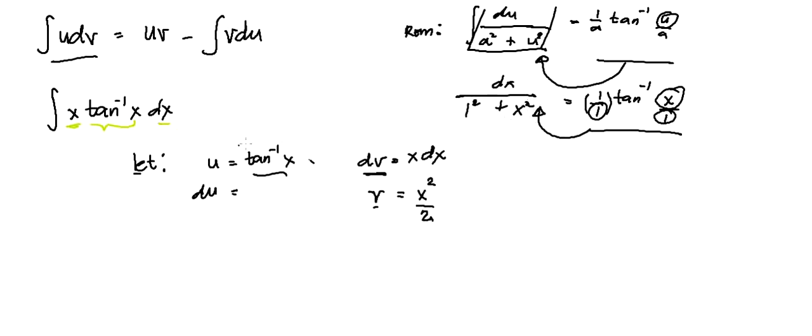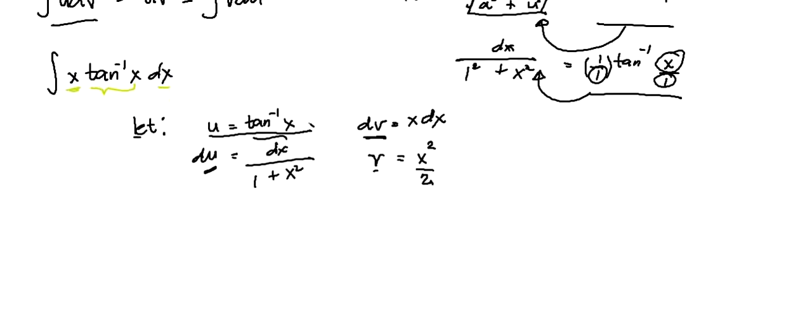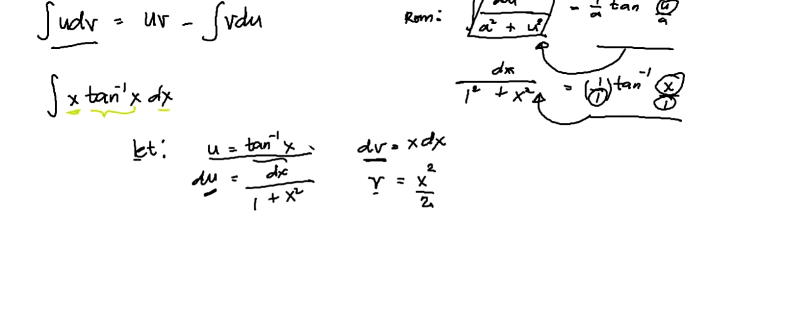So the derivative of arctan of x is dx all over 1 squared, which is just 1, plus x squared, right? Once again, if we take the derivative of this, our answer will be this one. This is just a quick review of our lesson last time.